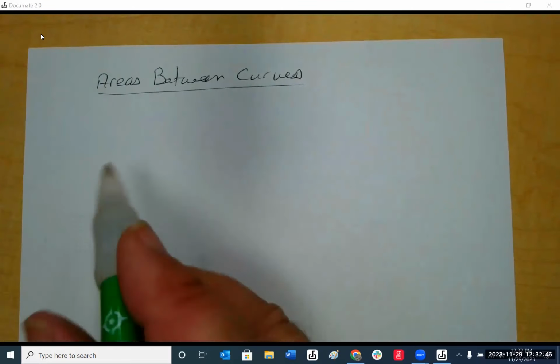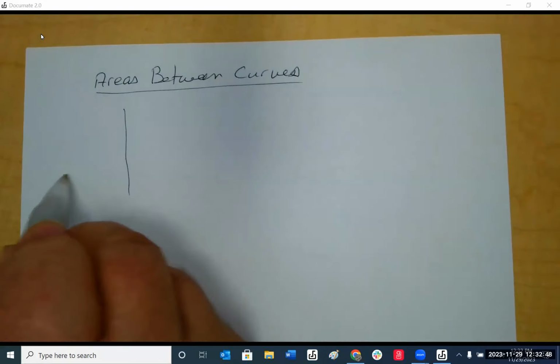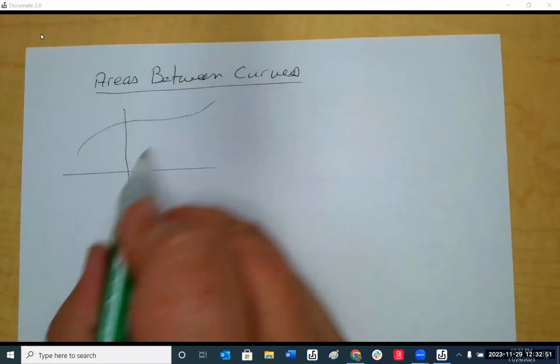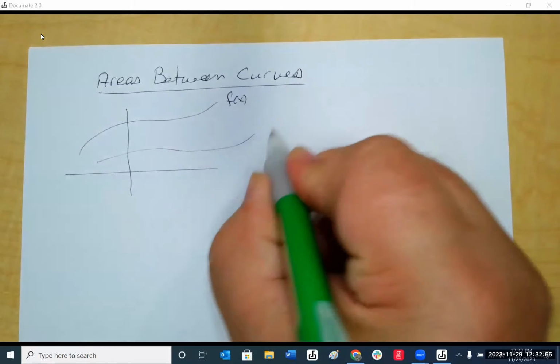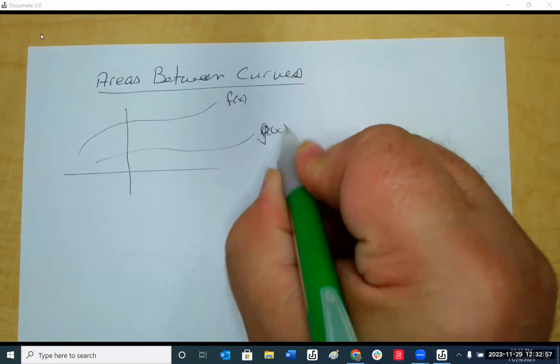On your sheet, you'll see this. Basically, what we're looking at here is this. If we had two functions, this is f of x, and this is g of x.